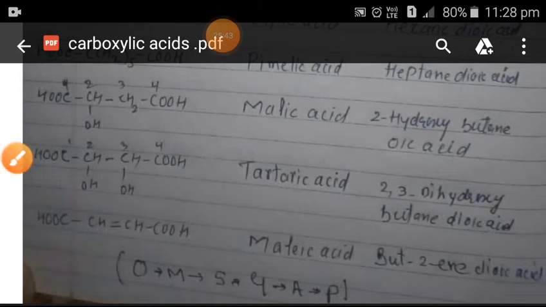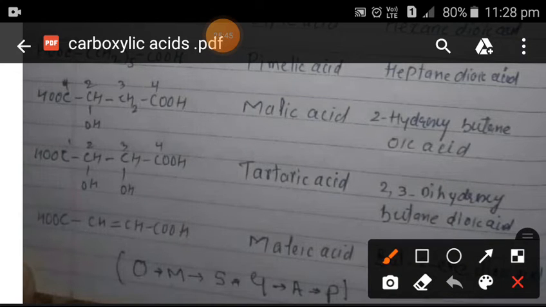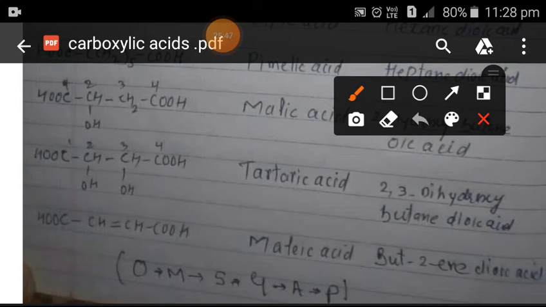So you will first write the numbering of the compound. Numbering starts from first, second, third, and fourth. So you must locate the carbon-carbon double bond. This is actually the linkage, that is the primary suffix. So here the carbon-carbon double bond is here.